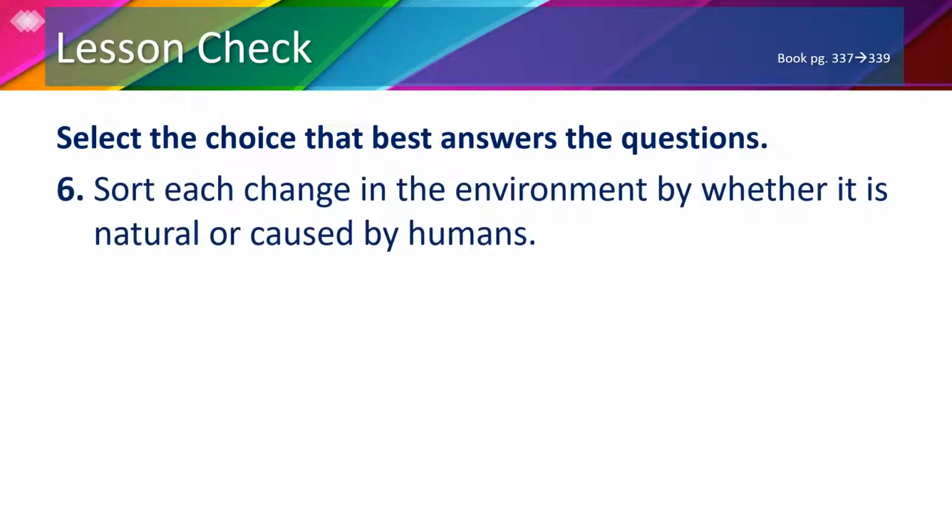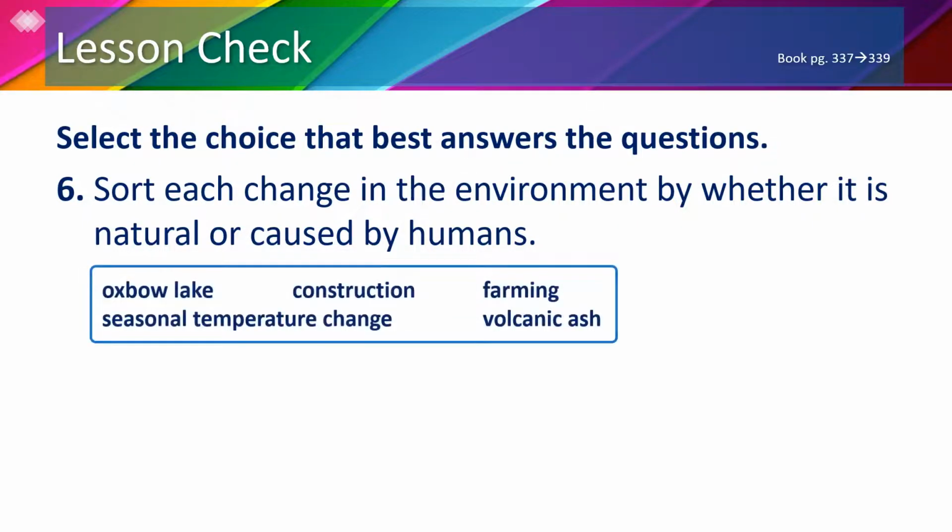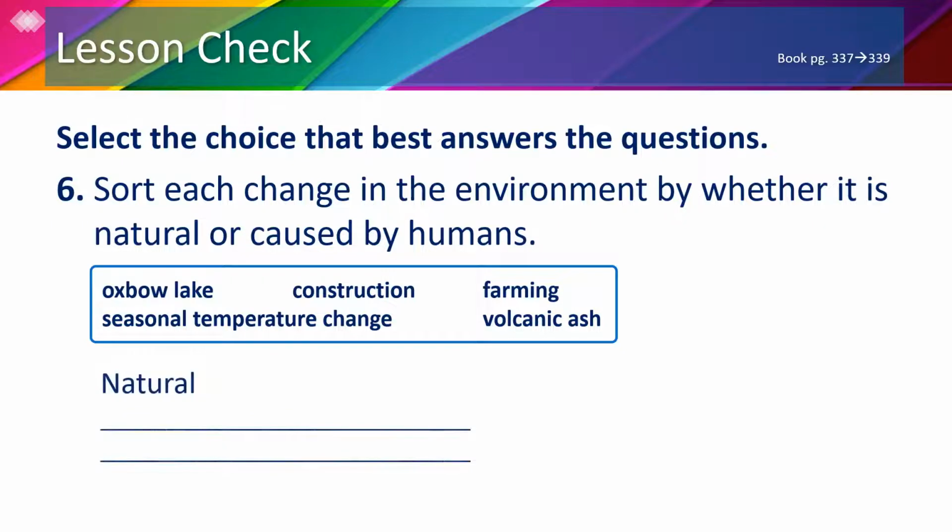In number 6, we're going to sort each change in the environment by whether it is natural or caused by humans. So we have the following changes: Oxbow Lake, construction, farming, seasonal temperature change, and volcanic ash. Now think, which changes are considered natural and which changes are caused by humans?